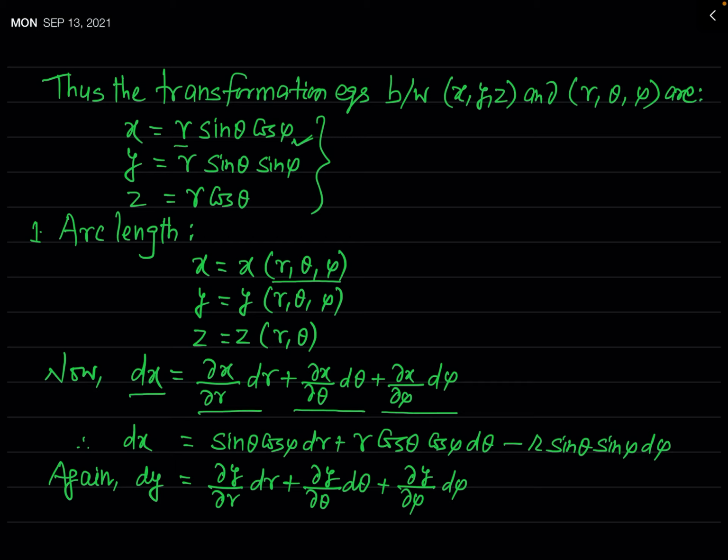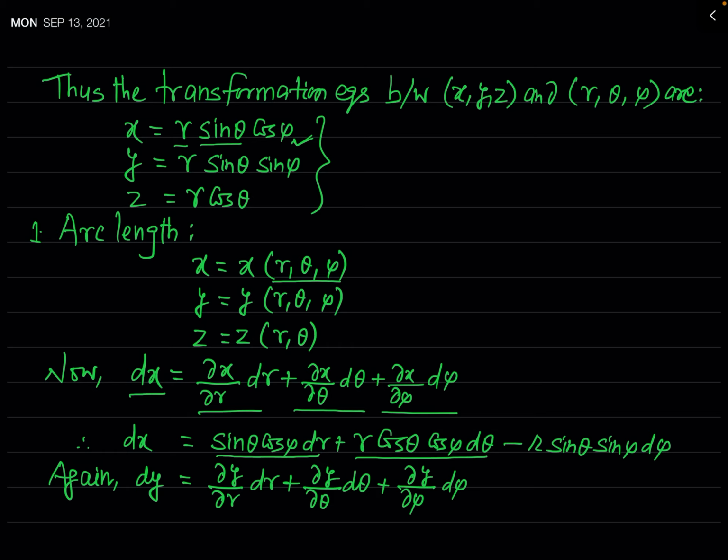Del r by del r will be 1, and sine theta cos phi will be treated as constant. So del x by del r dr will be sine theta cos phi dr. Again, for del x by del theta, sine theta will be differentiated, r and cos phi will be treated as constant, and the derivative of sine theta is cos theta. So this will be r cos theta cos phi d theta.